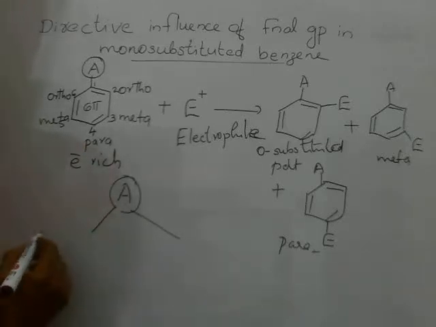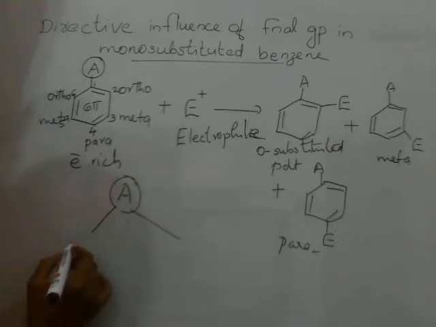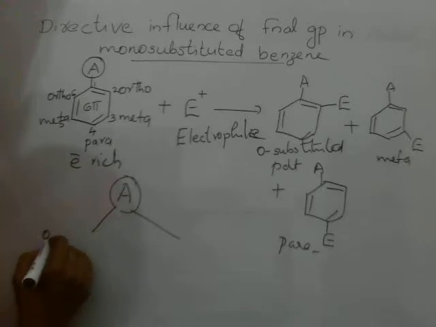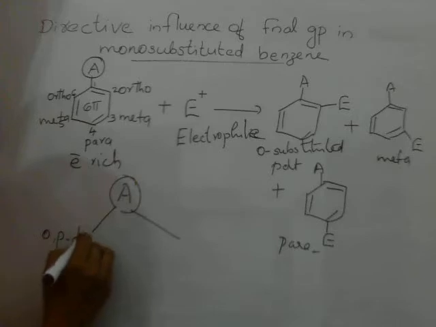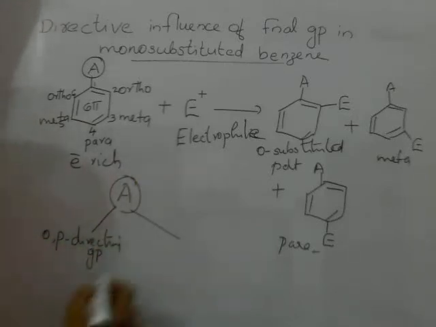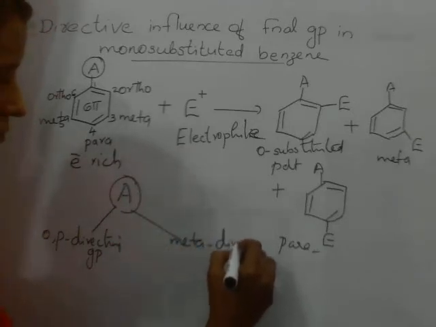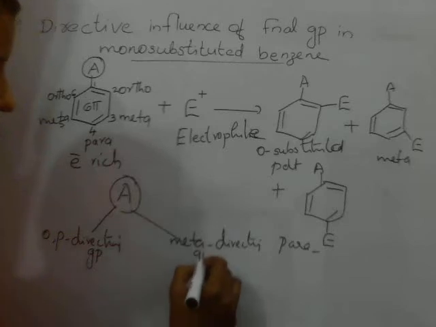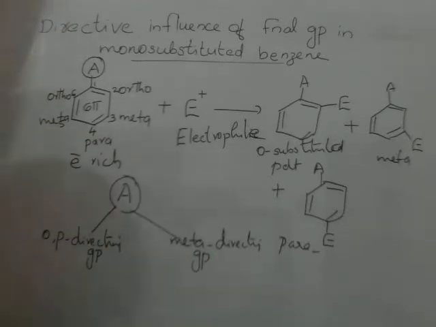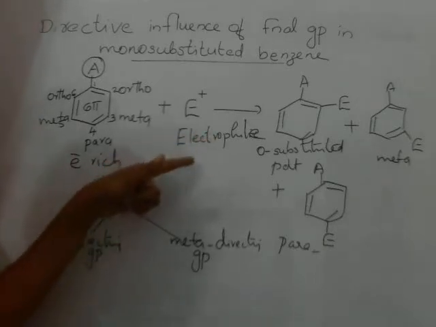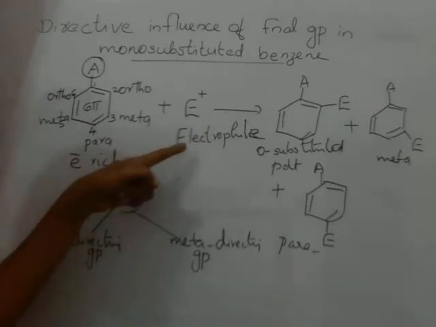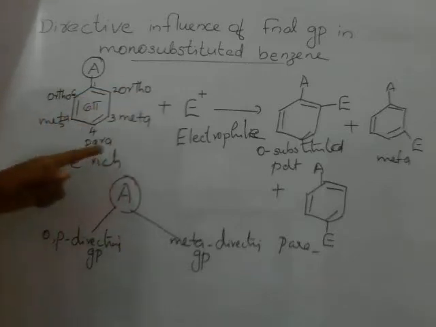One type of substituents is called ortho-para directing groups. And the other one is called meta-directing groups. Ortho-para directing group means these substituents will direct the incoming group, here the electrophile, towards the ortho position and para position.